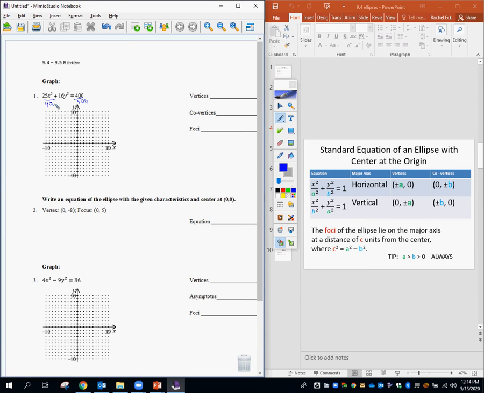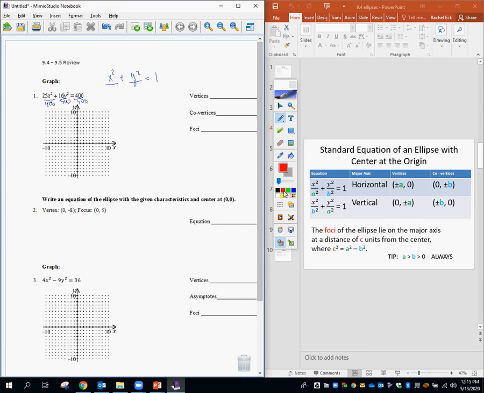Dividing everything on both sides by 400 is going to give me a fraction on the x squared and on the y squared, and 400 divided by 400 would give us our 1. So I have 25 over 400.